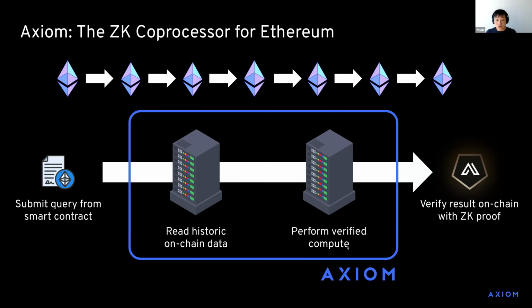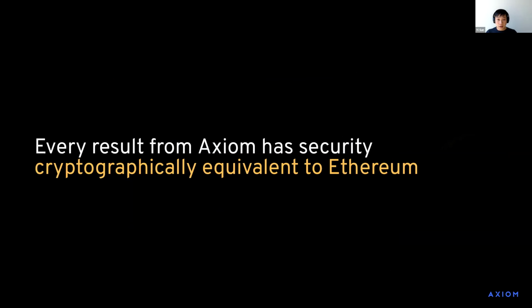After that, a downstream application can use that result with the same security guarantee as data that it reads from Ethereum itself. And our philosophy at Axiom is that we should always have security that's cryptographically equivalent to Ethereum without imposing any additional trust assumptions on our users.